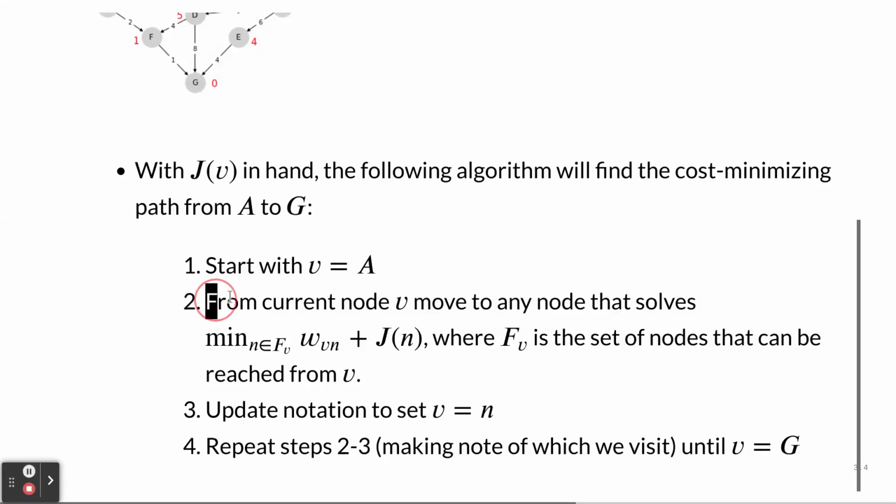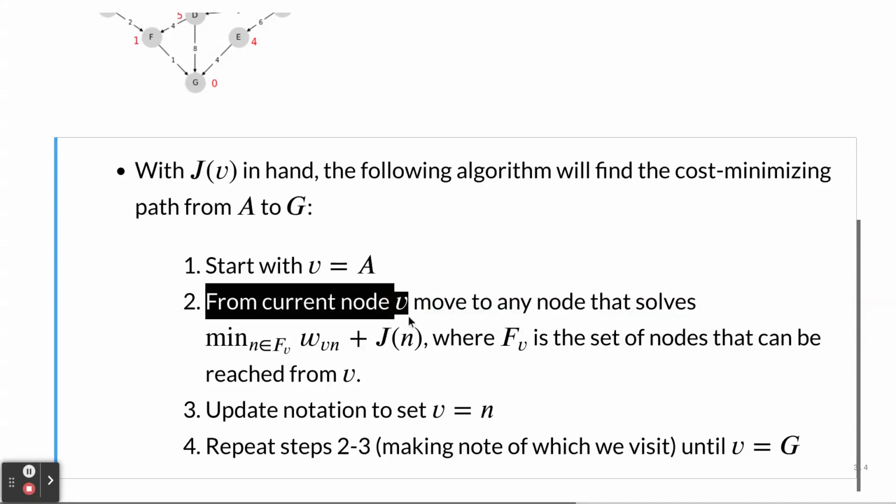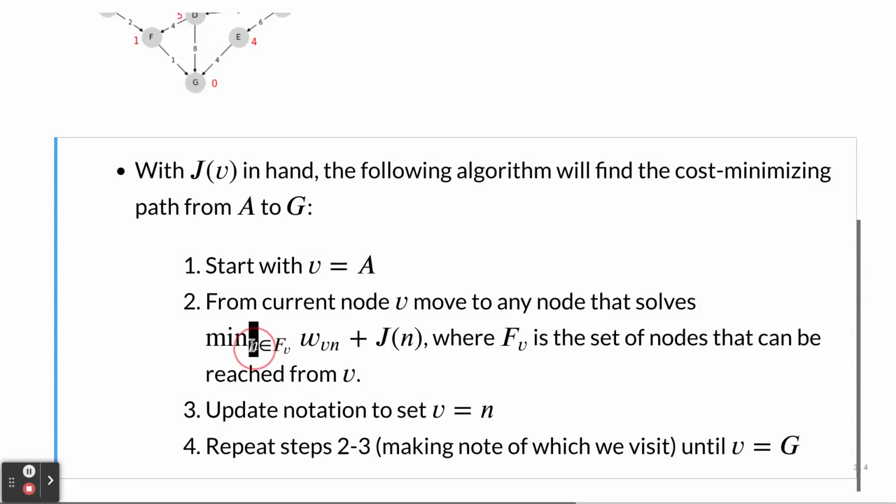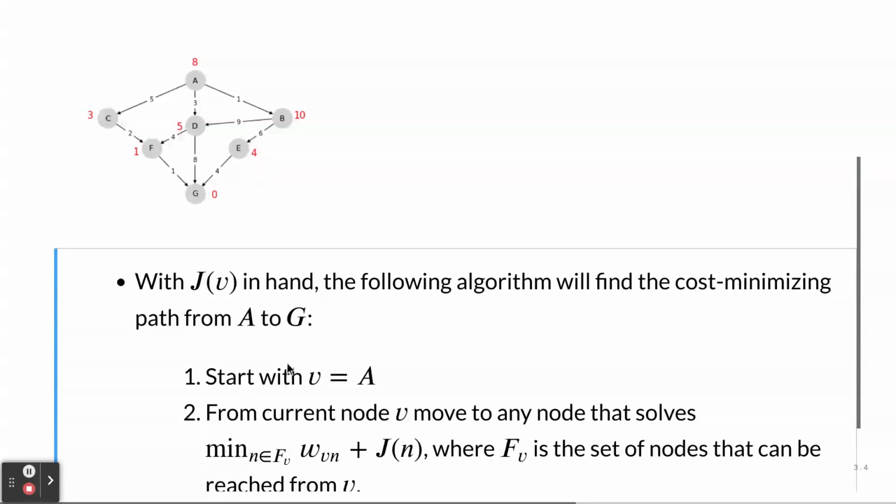Then, from node v, we're going to move to any node that solves the following objective. We want to minimize over the choice of possible nodes n in what's called the neighborhood of v. So this notation F sub v is all nodes n that are reachable from node v.